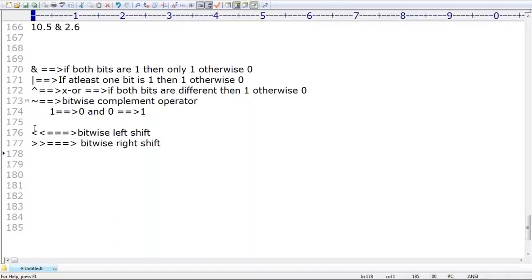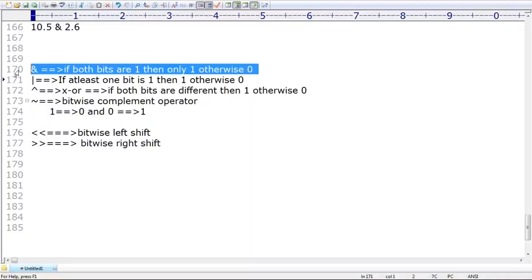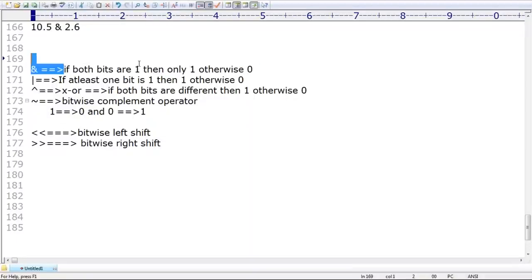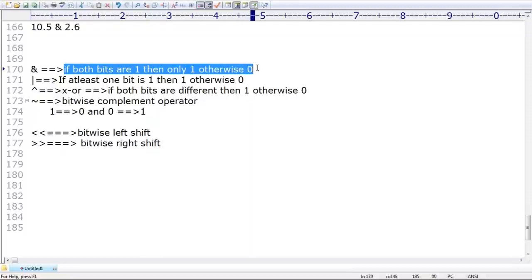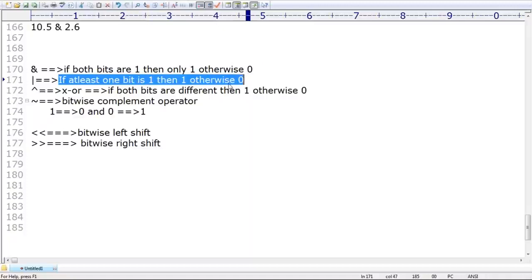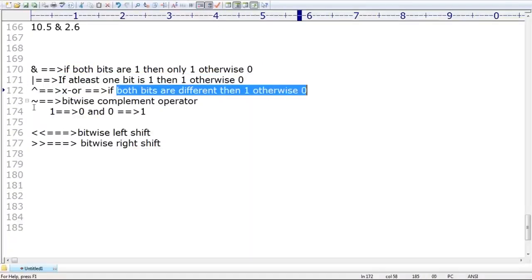Everyone can understand? Don't worry, I will explain. Just be aware of the basic terminology. If you apply bitwise AND, if both bits are 1, then the result is 1, otherwise 0. For the OR operator, if at least one bit is 1, then 1, otherwise 0. Next, the XOR operator, if both bits are different, then 1, otherwise 0.